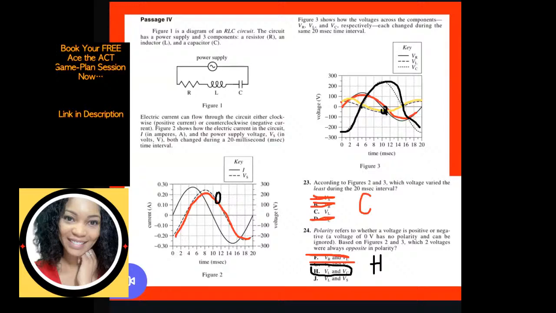Okay, so I want to clear this out because I think I just said that that was positive here and that's negative. So I'm going to clear out all of the annotations just because I want you guys to get a clear picture. The last thing I want to do is have my explanation be confusing. That's not what we're doing here. It is to benefit you, not to make you more confused.